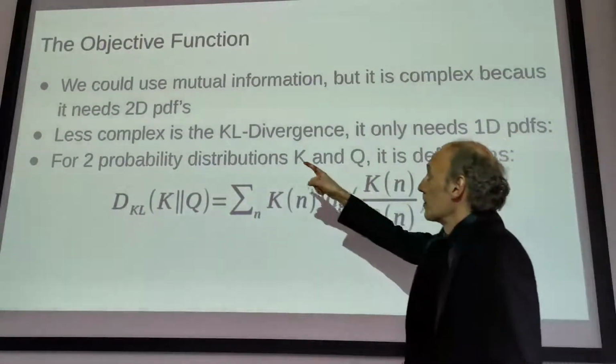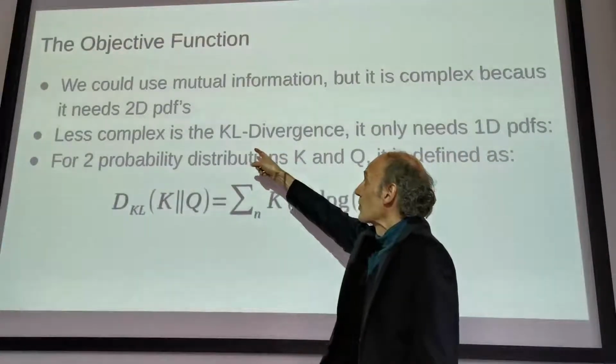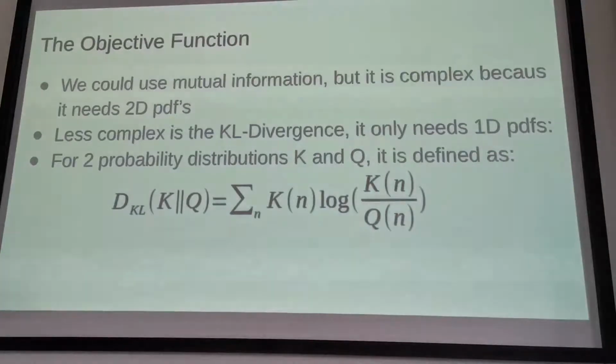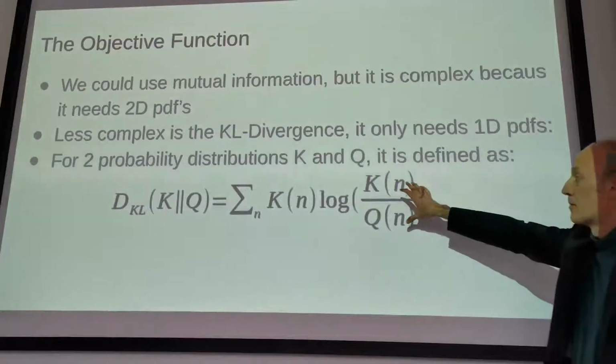So that's why we're looking for an alternative. In this case, the Kullback-Leibler divergence. Have you heard about the Kullback-Leibler divergence? So this is basically related to mutual information, but it gets by with one-dimensional probability density functions. Right? And this is how it's defined.